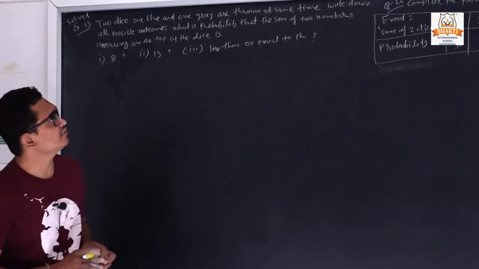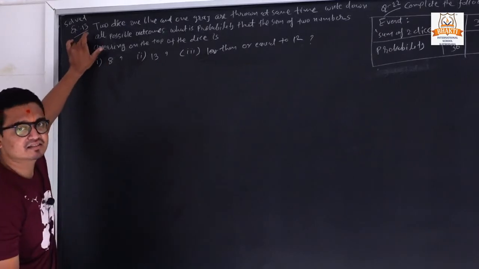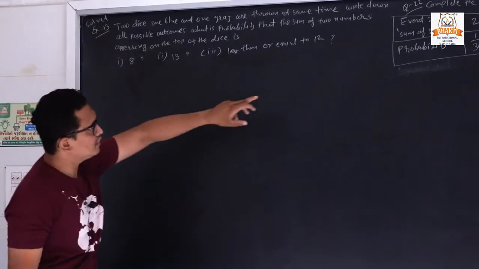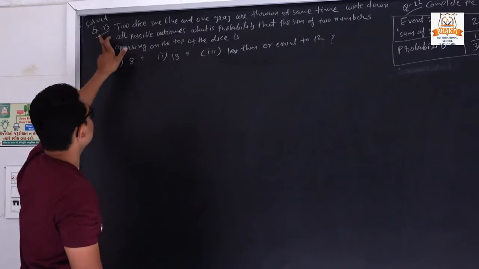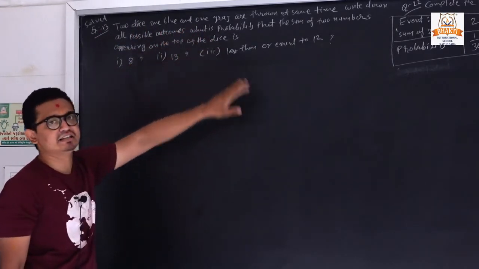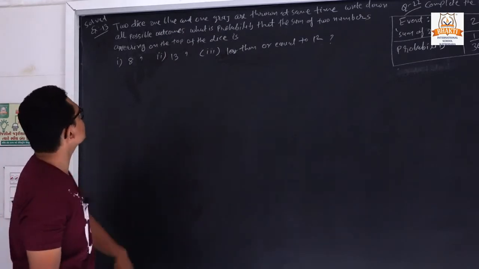Question number 22 is related to the solved example number 13 given in our book. So before performing question number 22, we can do example number 30. It is a very important example, because in the examination they can ask about dice and most often the deck of cards.